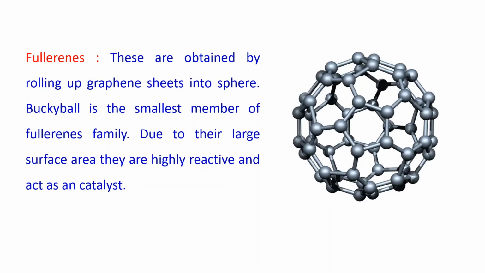Now, fullerenes. These are basically obtained by rolling up graphene sheets into a sphere. The buckyball is the smallest member of the fullerene family, and you can see the image of C60, which is known as buckyball. Due to their large surface area, they are highly reactive and act as a catalyst.